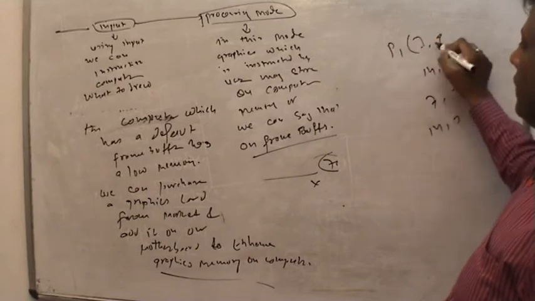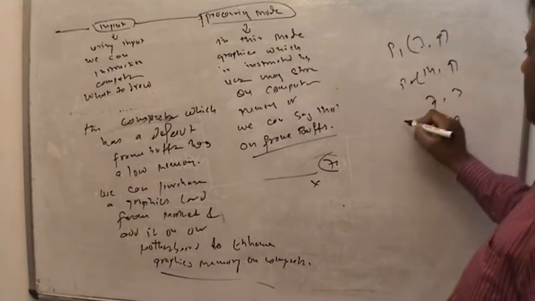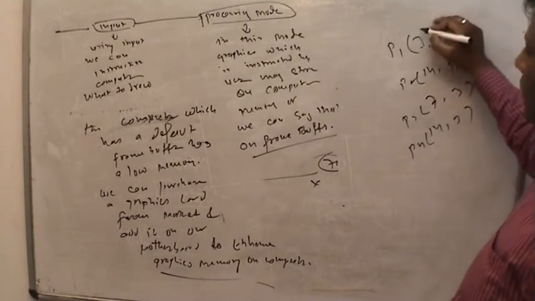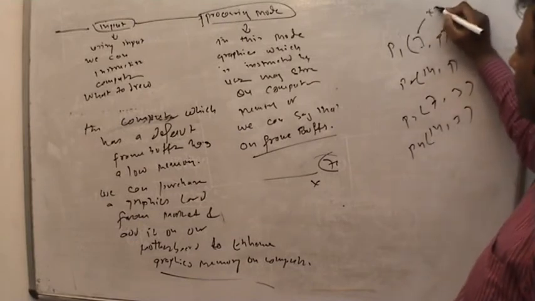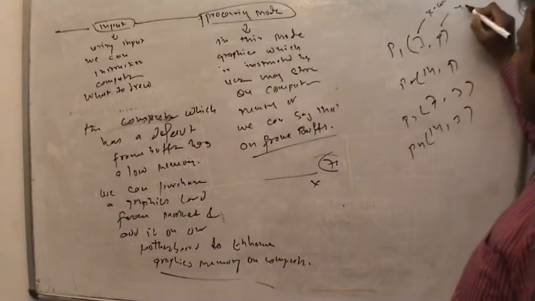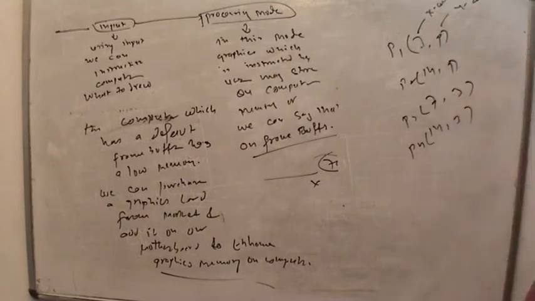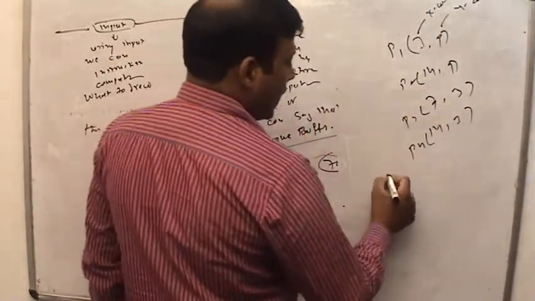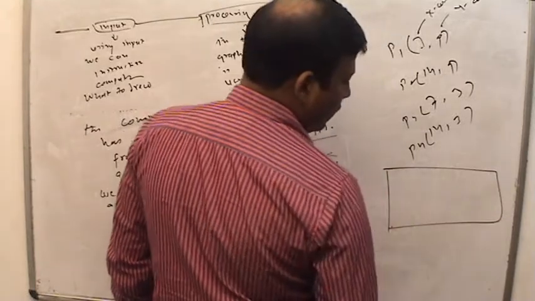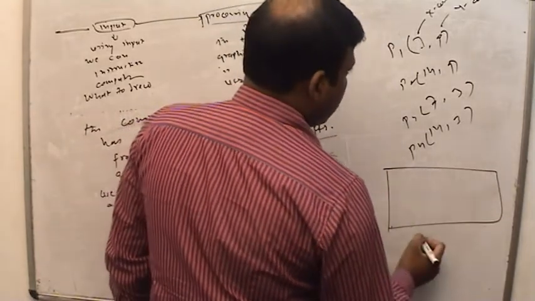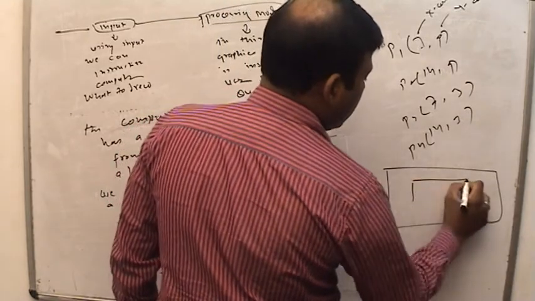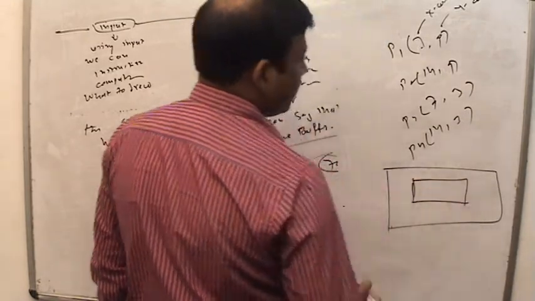This is point 1, this is point 2, this is point 3, and this is point 4. This is point 1 of x coordinates, y coordinates, and so on. So using these 4 coordinates, which are in between the resolutions of computer graphics, you can draw a rectangle on your screen.